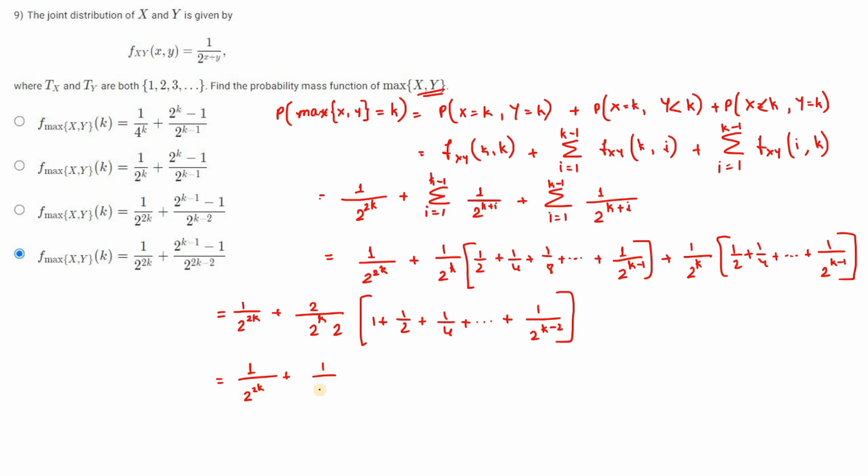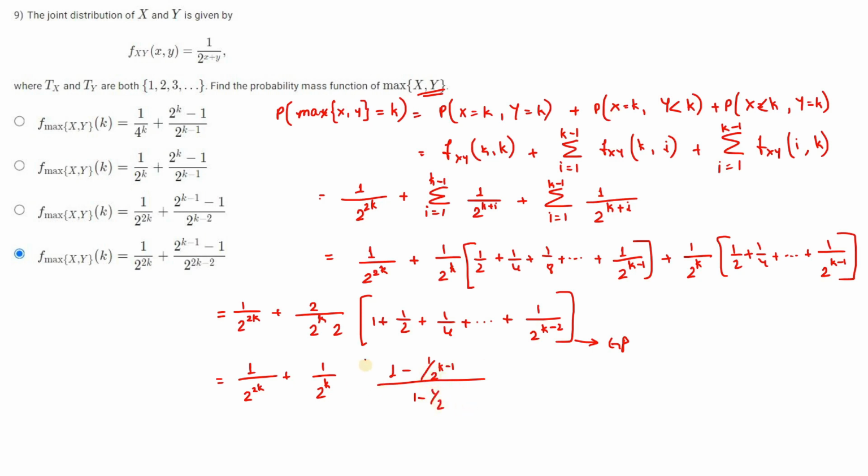1 over 2 to the power of k, and if we add this up using the formula for geometric progression, so we'll have 1 minus 1 by 2 to the power of k minus 1 whole divided by 1 minus 1 by 2.